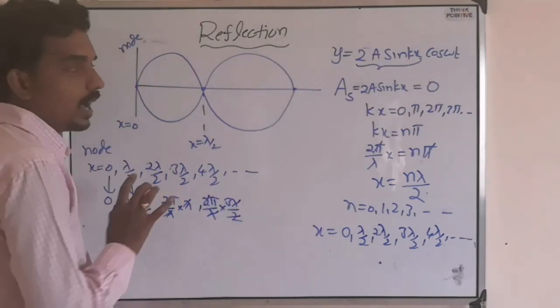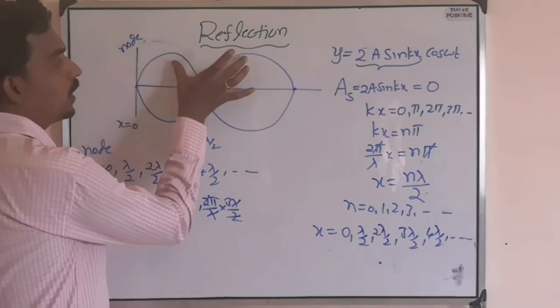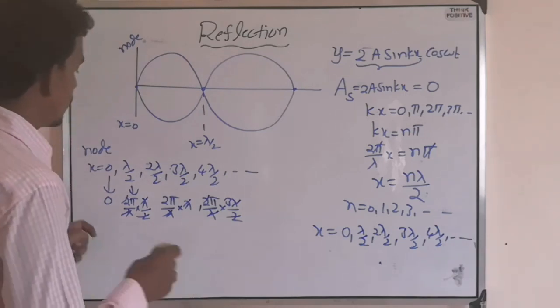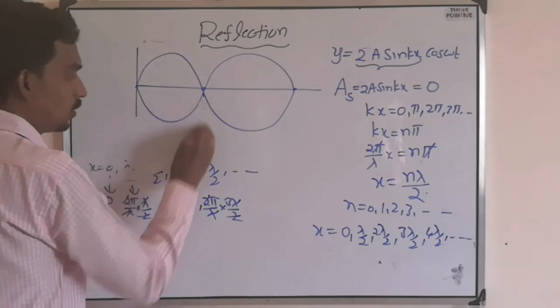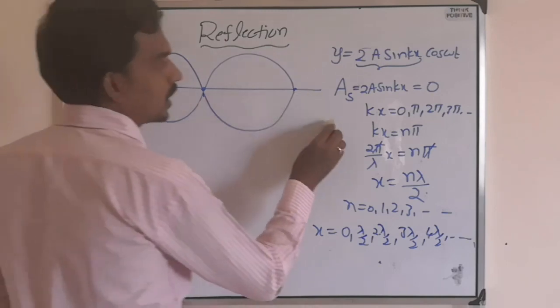In every stationary wave, between two nodes there is one antinode, and between two antinodes there is one node. Similarly, we can find the condition for antinode. Now, take the same equation.